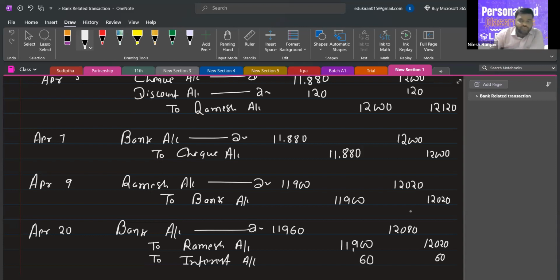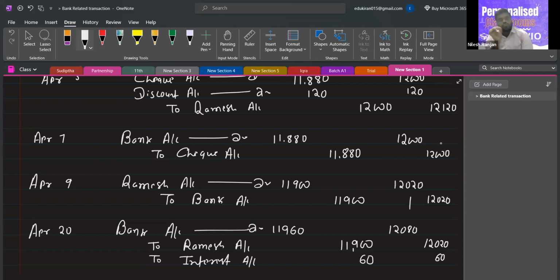So that's why I was saying that this technique is followed by your question. But it is not correct. You should understand one thing: if you sold goods of rupees 12,000 in the previous year, it is clearly said that we received a check from Ramesh to whom goods were sold for 12,000 last year.